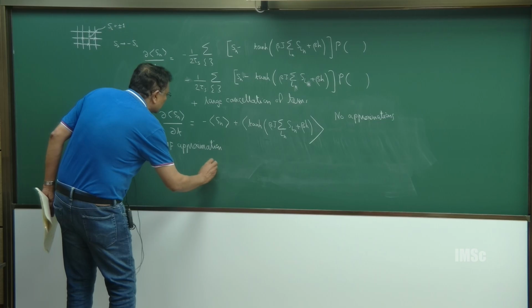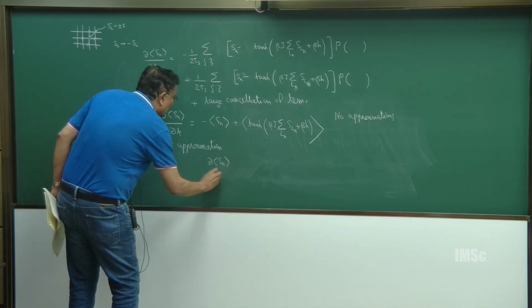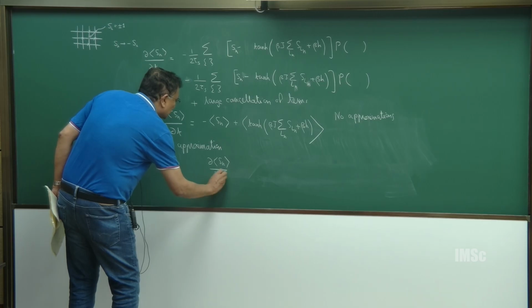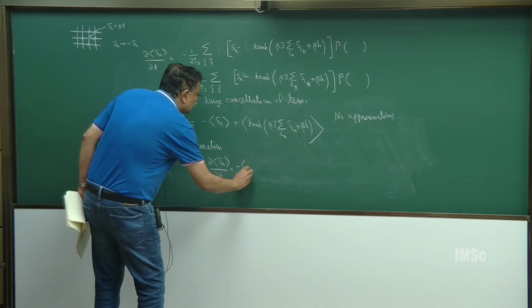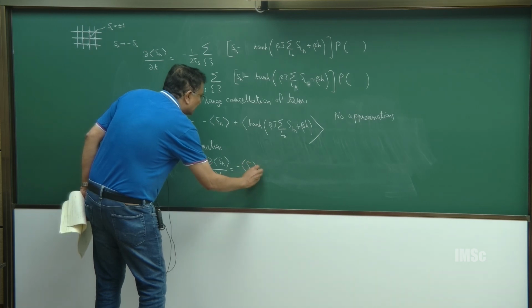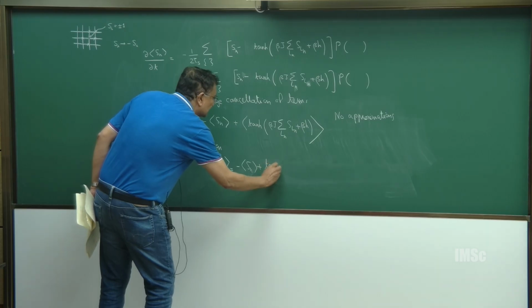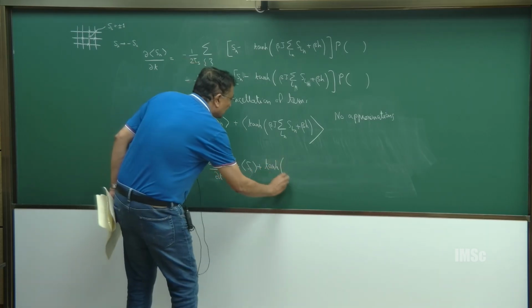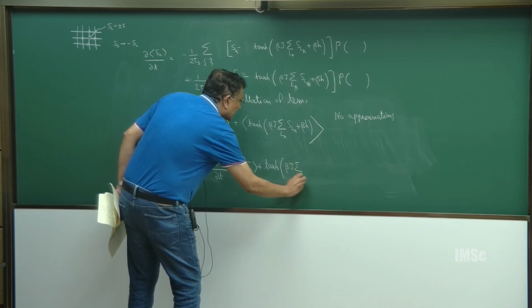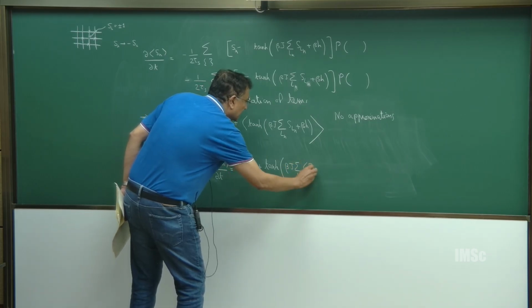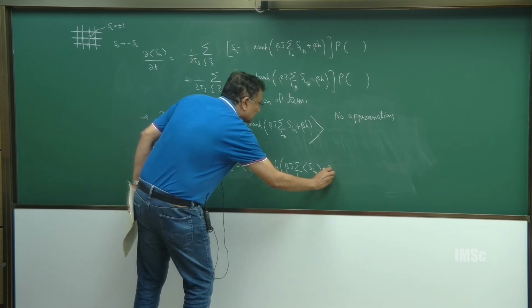So, the equation is del Sn over del t is equal to minus Sn average plus tanh of beta J sum over ln S ln average plus beta h.